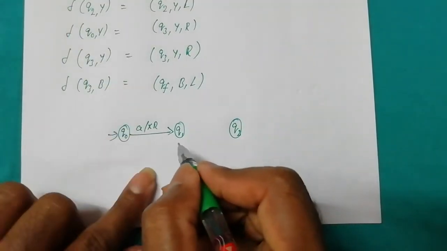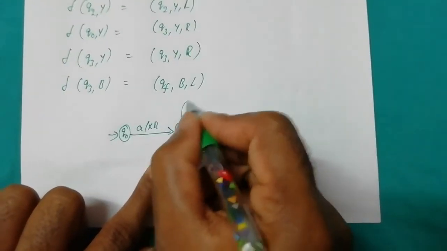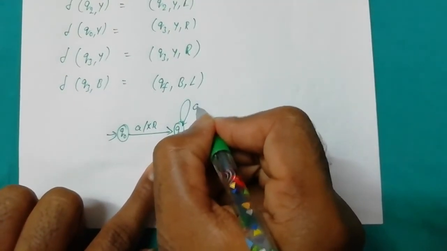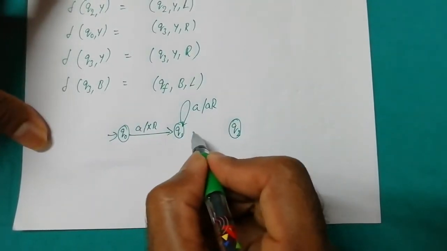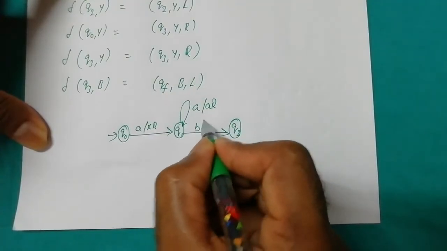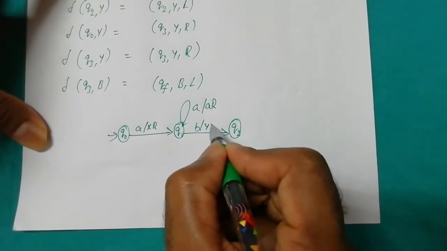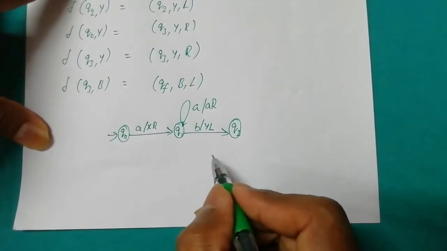Next, Q1 will come across with A, we stay in the same state, we keep on skipping A. Q1 comes across with input symbol B, we move to the state Q2, we convert that B into Y and we move one cell to the left direction.